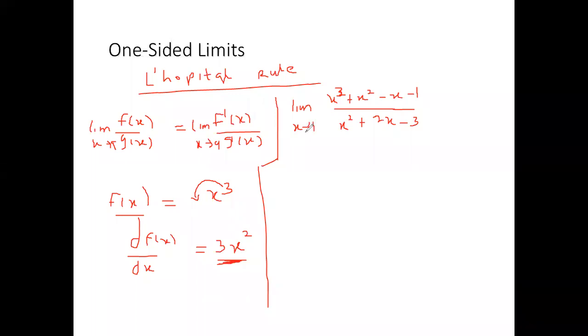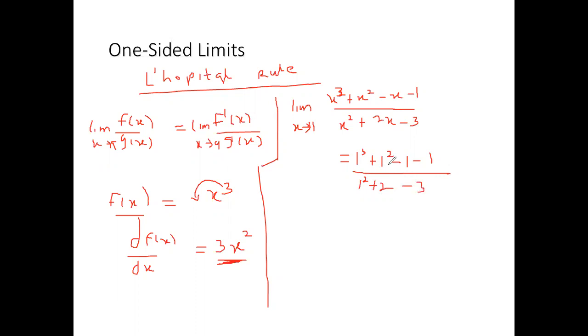Now if we do a preliminary test, if we substitute 1 into this function, we will have 1 cubed plus 1 squared minus 1 minus 1 over 1 squared plus 2 times 1 is 2 minus 3.